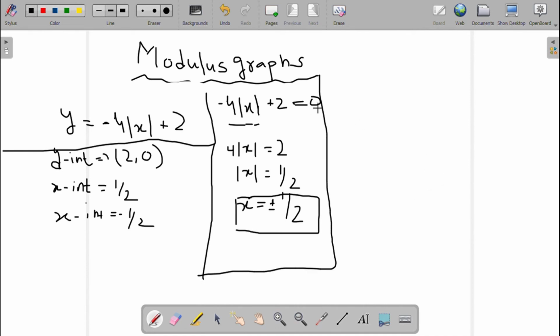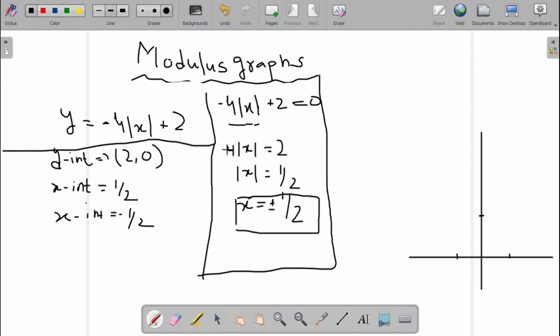Now sketching the graph of this equation. Let me draw an exact straight line. Now we'll plot the points. One point (0, 2) here, x minus half, let's say it is something here, and positive half is here.